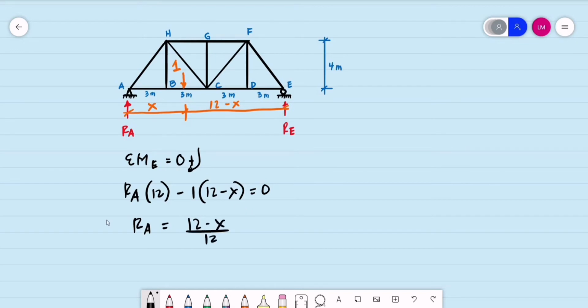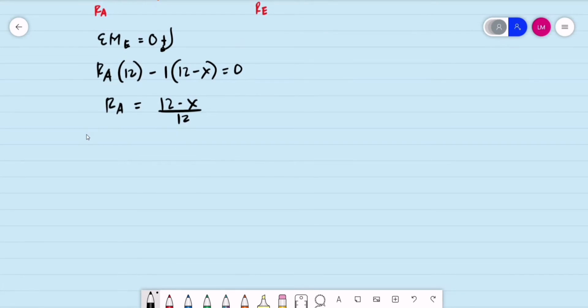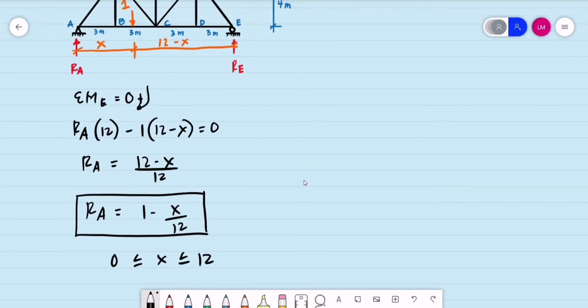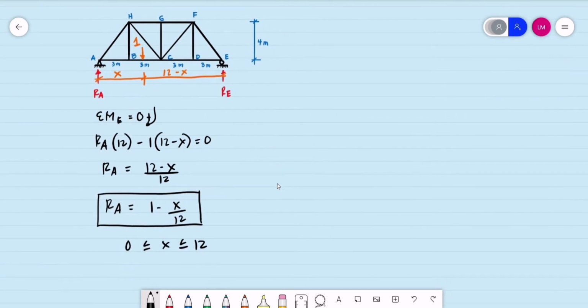Or we can have R sub A equal to 1 minus x over 12. So this will be the equation of the vertical reaction at A for the interval 0 less than or equal to x, less than or equal to 12 meters. Then how about the vertical reaction at E?